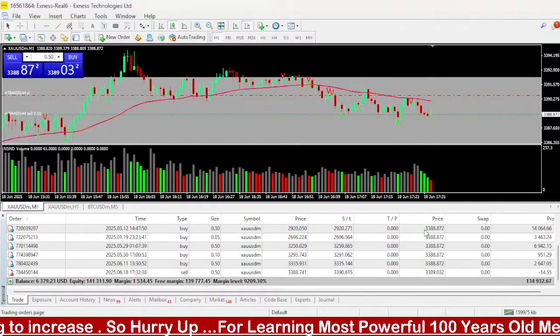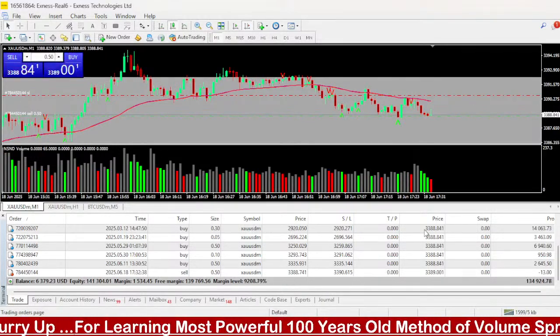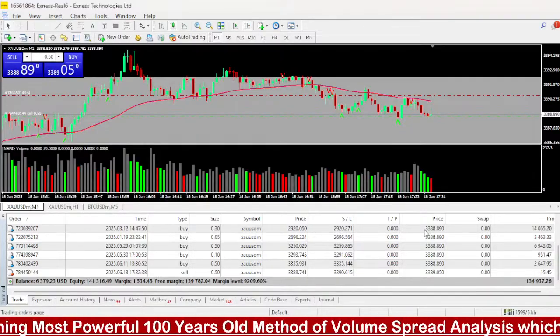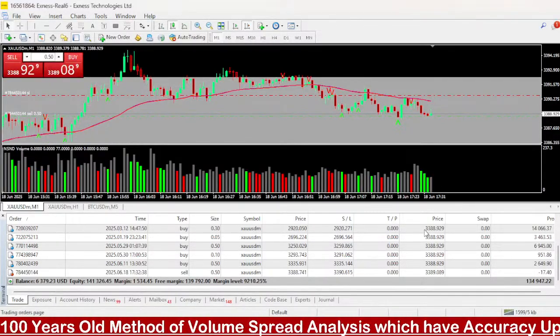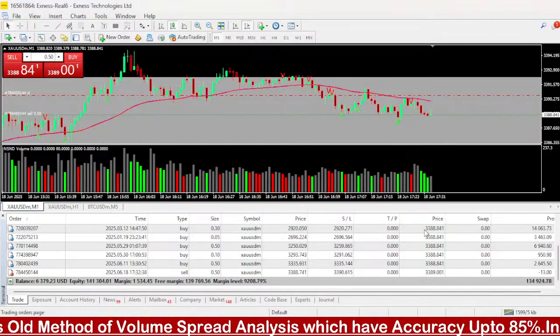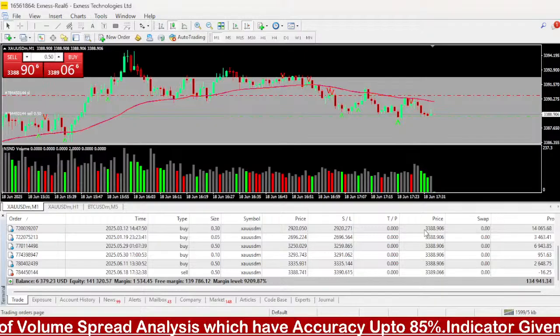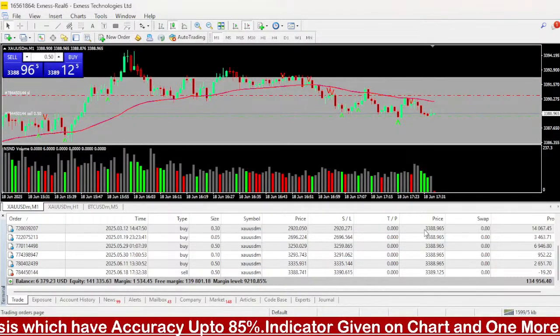So currently, by looking at the structure, it's bearish. So let's see what will happen with this trade. I think it should break this resistance level and it should go down.